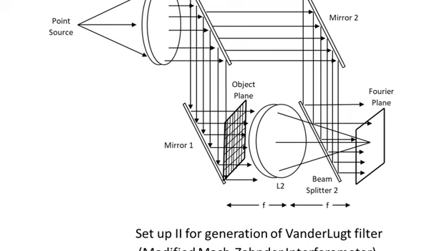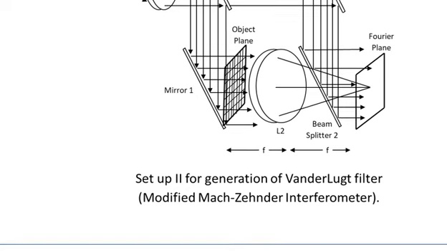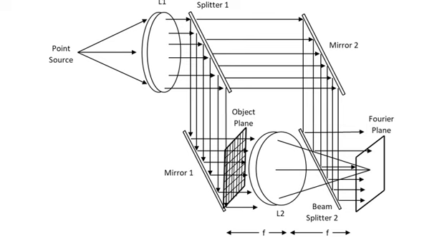So these two beams will interfere together and will form the Vander Lugt filter. If you place a photosensitive material over here, for example photoglass, and expose it, the beam from the mirror may be referred to as the reference beam, and the beam from the lens L2 may be referred to as the Fourier transform beam or the object beam.